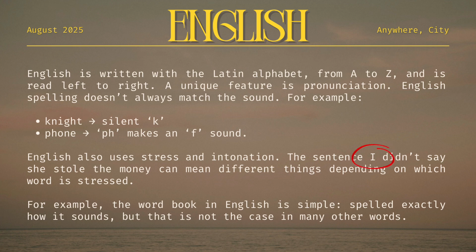"I didn't say she stole the money," emphasizes that it's not me who said that she stole the money. Or I could say, "I didn't say that she stole the money," meaning I'm not trying to say that that particular girl is the one who stole the money.